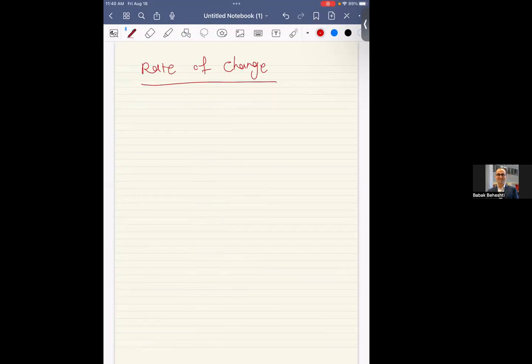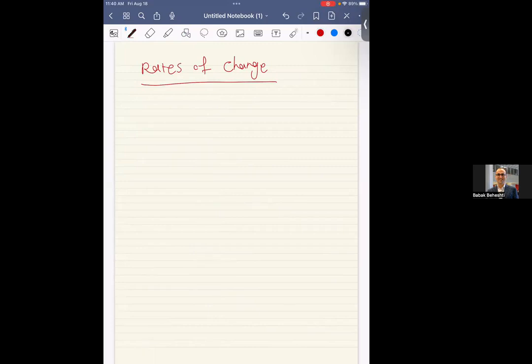We basically have two types of rates of change.